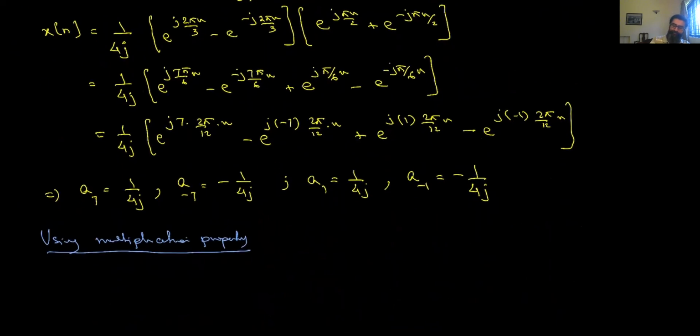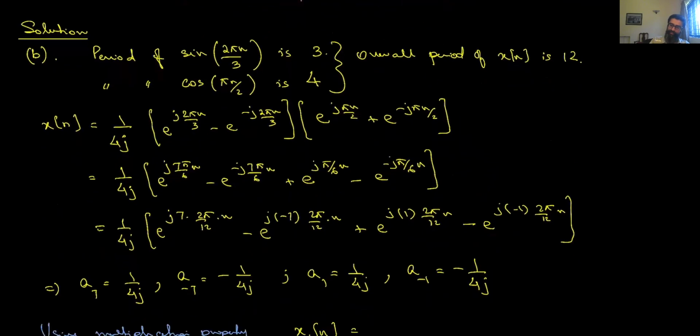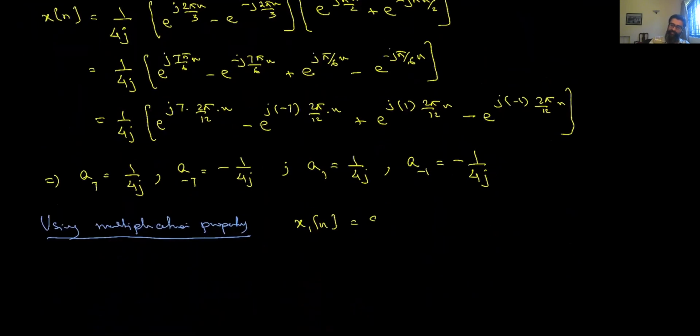So let's say x1 of n is sine 2 pi n by 3, right? So this is 1 upon 2j e raised to power j 2 pi n by 3 minus 1 upon 2j e raised to power minus j 2 pi n by 3, right?